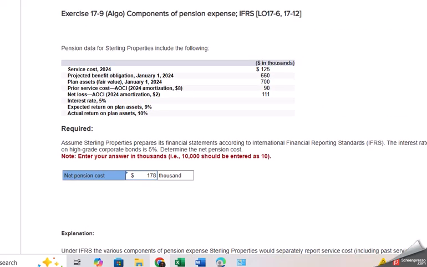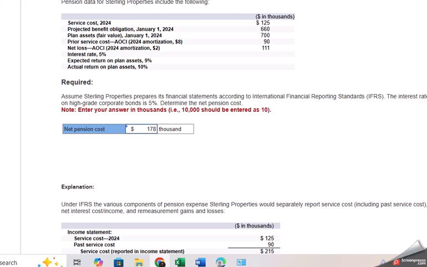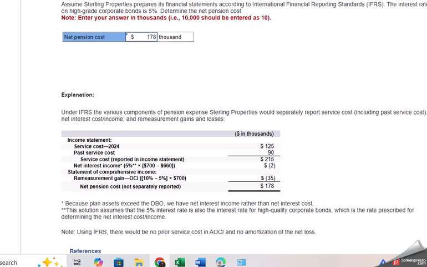This one, it's flip-flopped. Our assets are actually higher than our projected benefit. So we've got an extra 40,000 in there. Then we're calculating 5% on that 40,000, and that gives us the 2. But then again, it's subtracted because it's not on a liability, it's on an extra asset. So it's the other direction.